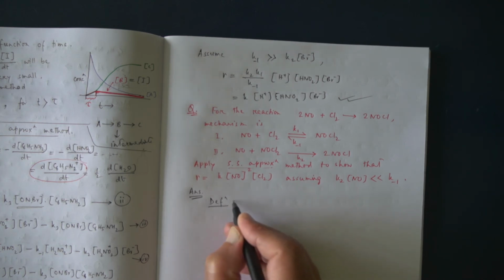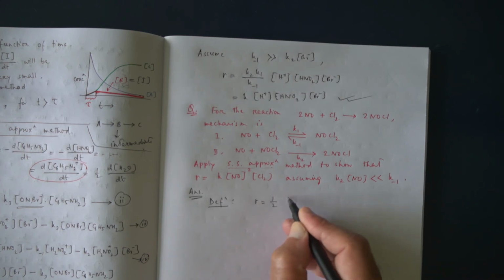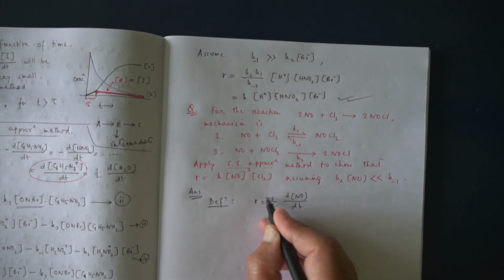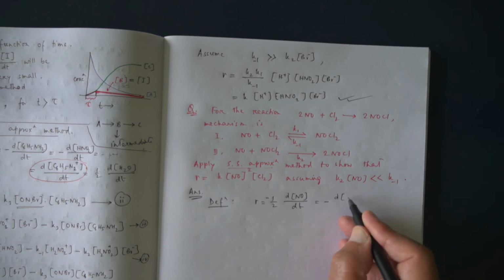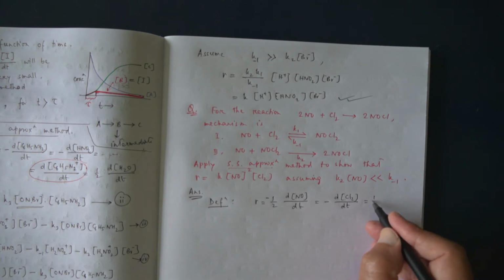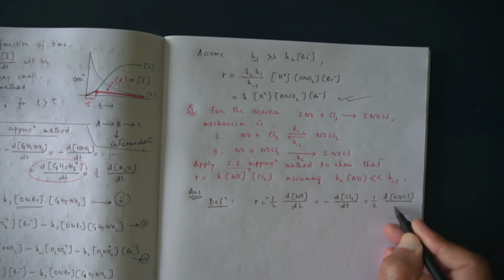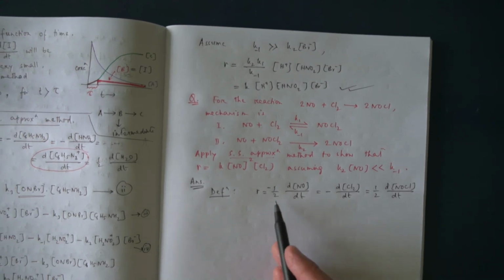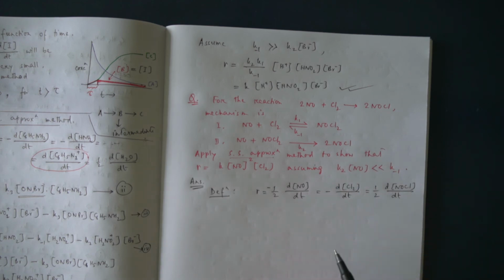Rate of the reaction equals half d[NO]/dt, equals minus d[Cl2]/dt, equals half d[NOCl]/dt. So according to the definition, the rate of this reaction equals this.